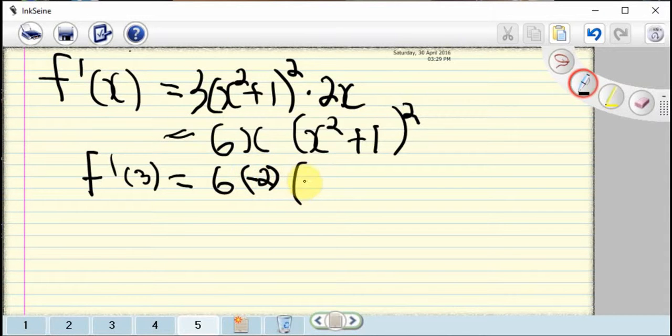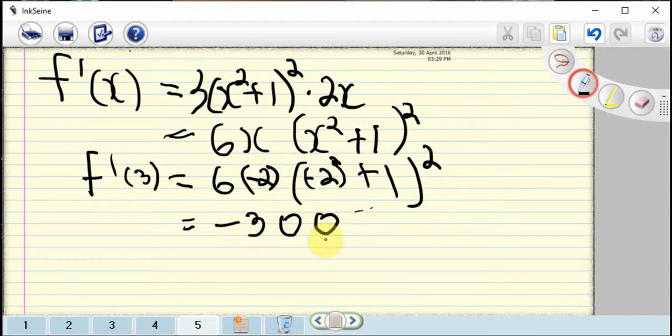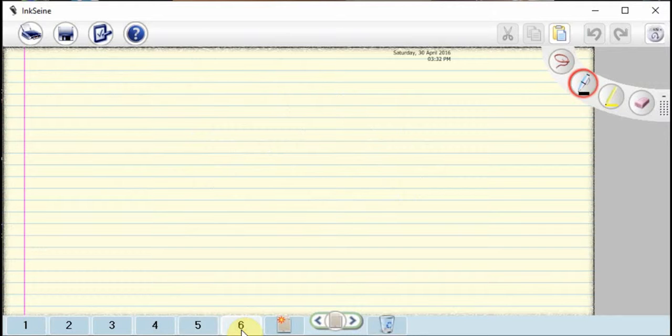Negative 2 squared plus 1, and that is also all squared. So that's going to give us negative 12 times 25, which is negative 300. So we have our gradient. Our gradient is negative 300.